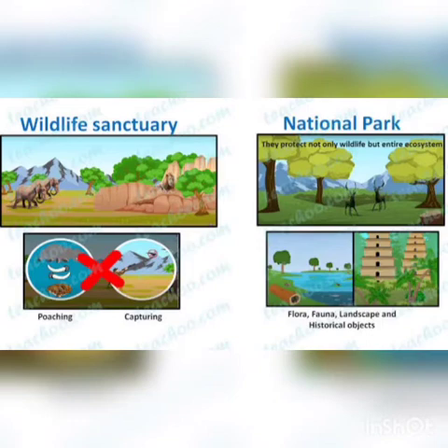Now, let me tell you the difference between national parks and wildlife sanctuaries. A national park is an area which is strictly reserved for the betterment of wildlife. So, that is called a national park. Children, in this area, activities like forestry and cultivation are not permitted.